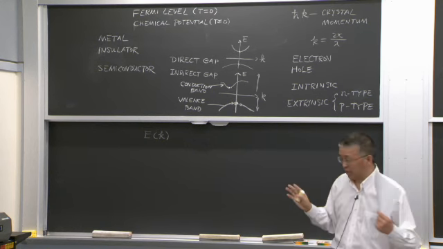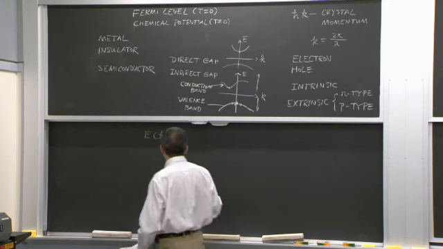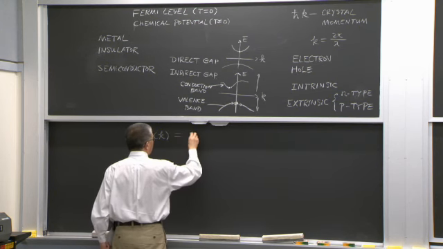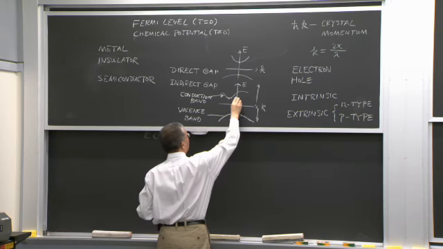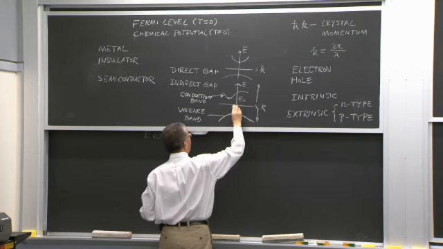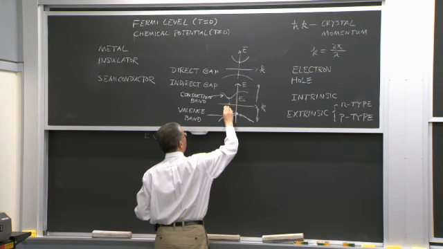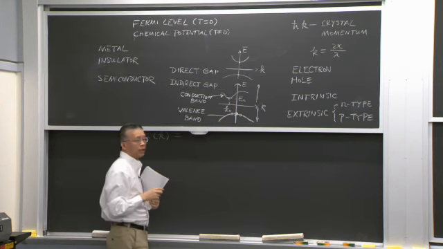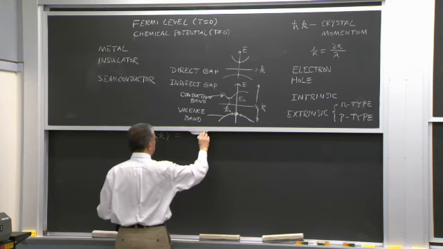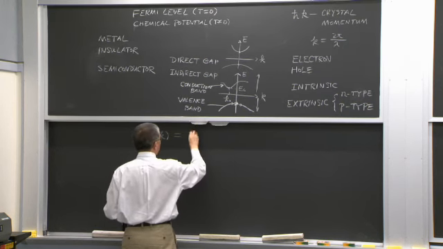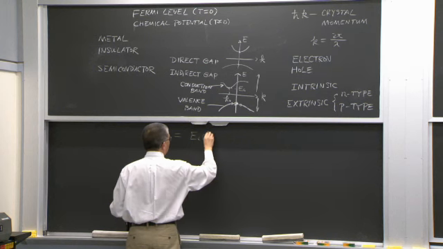So I'm not writing in vector form, but I can expand that. Let's say here, this is E_C, the conduction band edge. This is k0, that's where the minimum happens. So I'm going to expand this as E at k0.